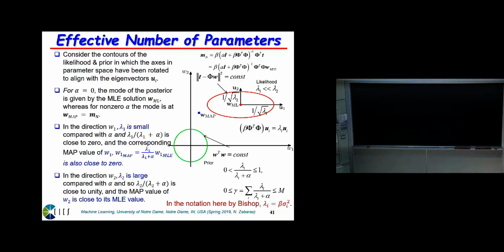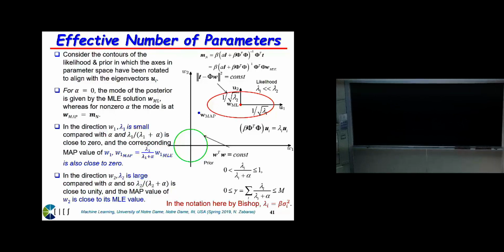Look at that picture. What will it do in direction 1? It will push the estimate from the MLE estimate to where? To what value of the MAP estimate? You can actually see the relation here. The coordinate 1 between the W MAP and the W MLE is going to be lambda 1 over lambda 1 plus alpha. If lambda 1 is very small, what is W MAP in direction 1?